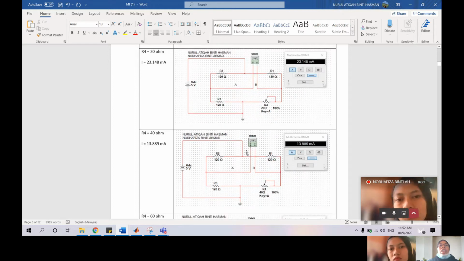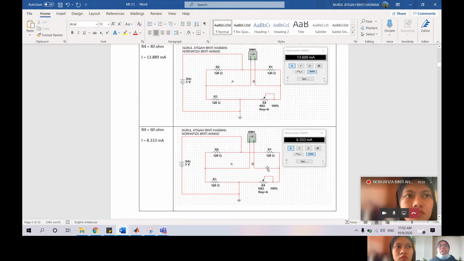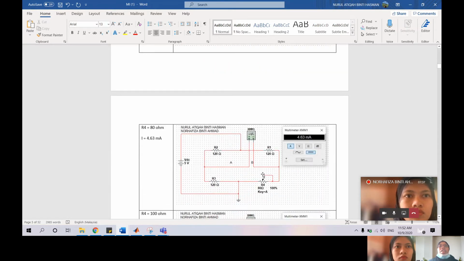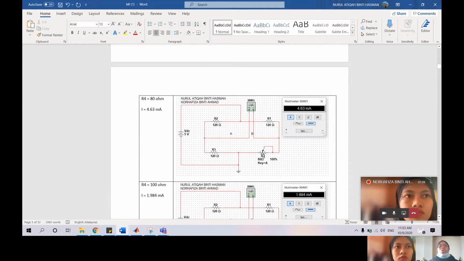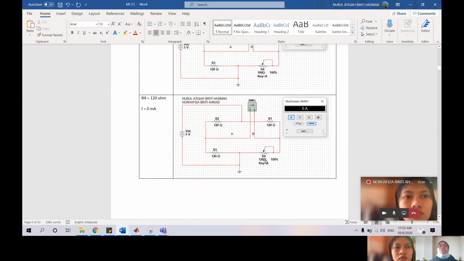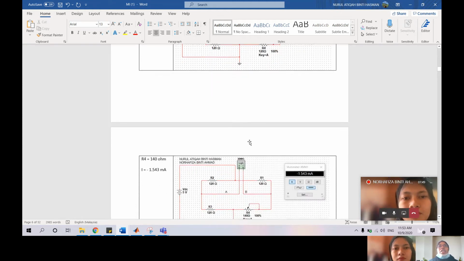Same goes to the next one, which is 40 ohm for the R4 resistor. And next is 60 ohm. After that, we use 80 ohm, 100 ohm, 120 ohm. Basically, we just change the value of the potentiometer resistor.